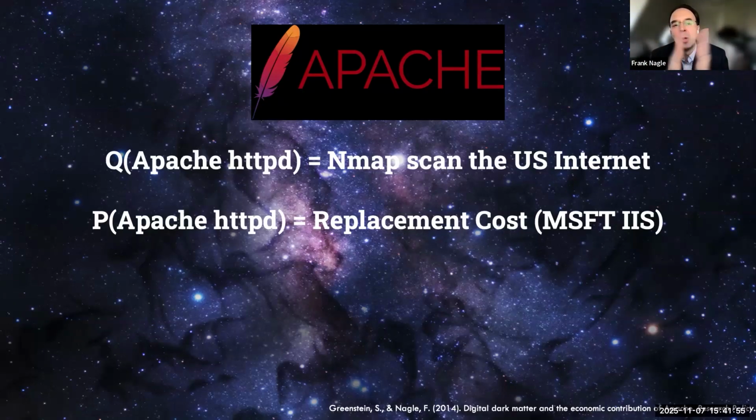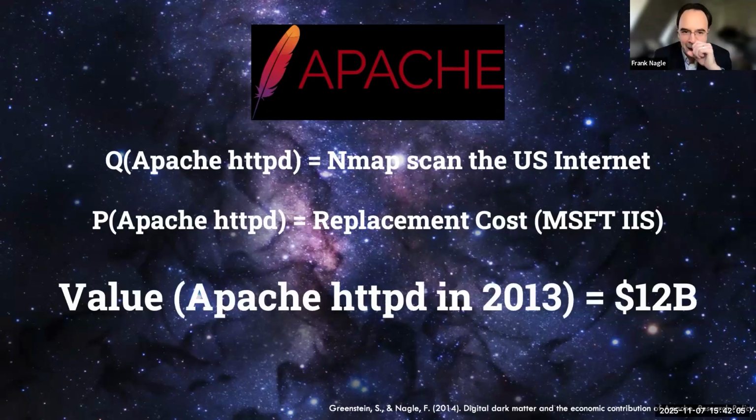This is back of the envelope, but now we have a Q, now we have a P, and so we can estimate the value of Apache. Back in 2013, 2014, it was about $12 billion. If Apache didn't exist, and everybody who used Apache, from the count we got, had to use Microsoft's IIS on a Windows box, that replacement cost would be about $12 billion.